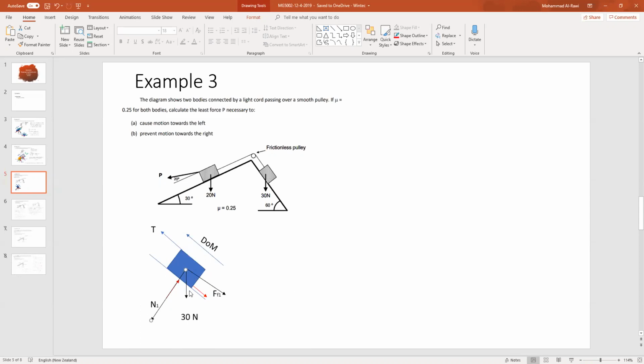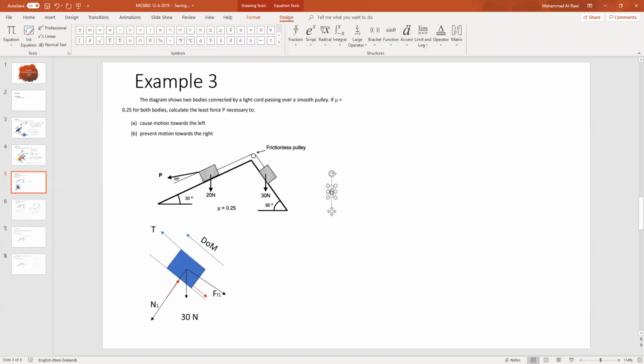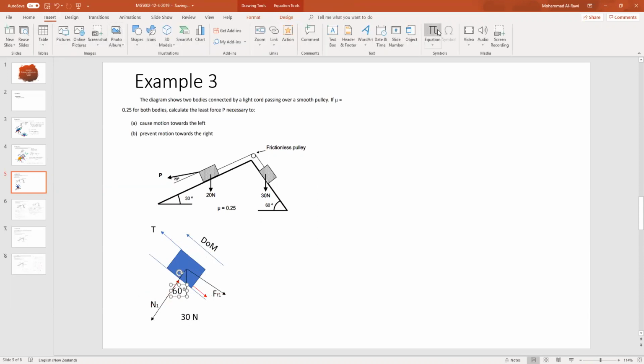That angle is 60, so I need to insert the angle. So 60 degrees, not Fahrenheit, sorry. I clicked the wrong one. And we place it here. So now you have, technically I can Control C.